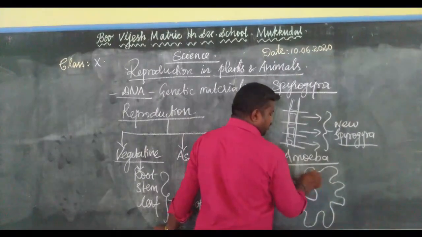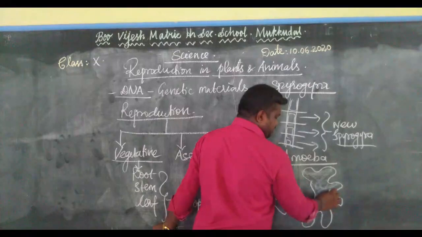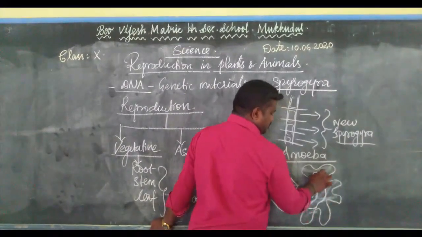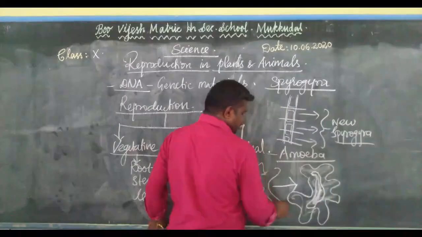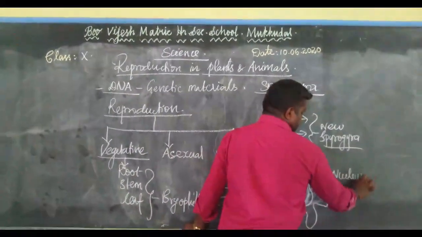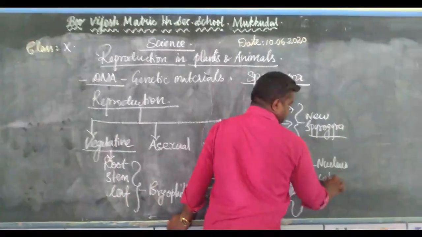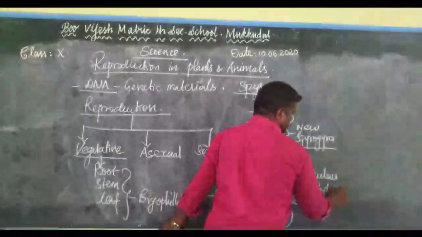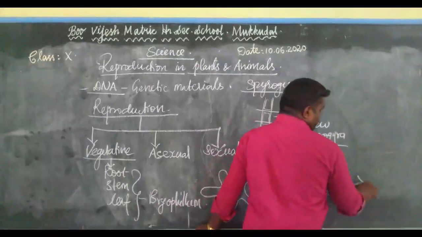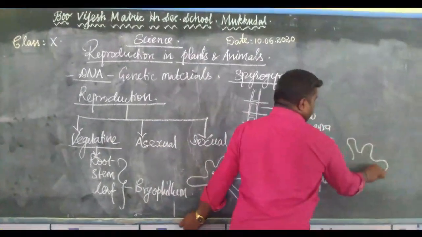First the cytoplasm divides, and at the same time the nucleus also divides. This is the nucleus and the cytoplasm. At the next level it is divided and two daughter amoebae are produced.